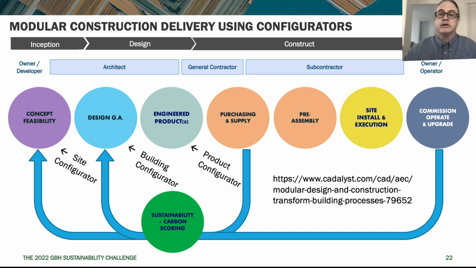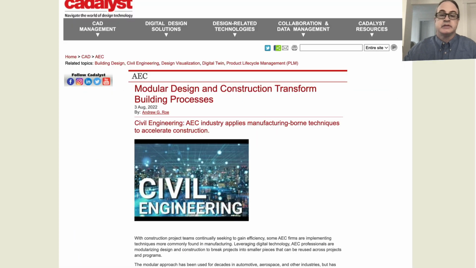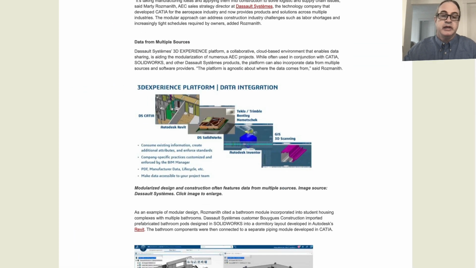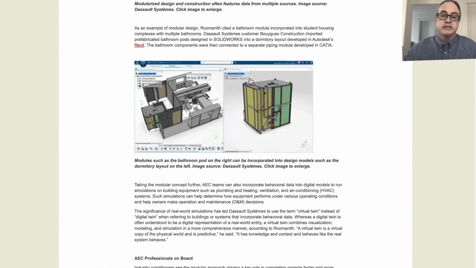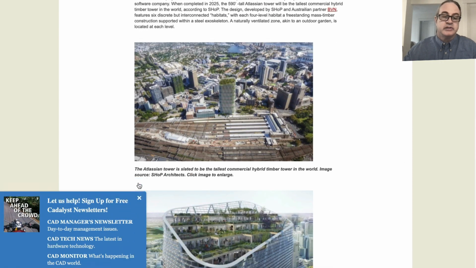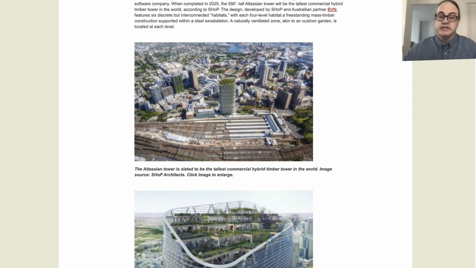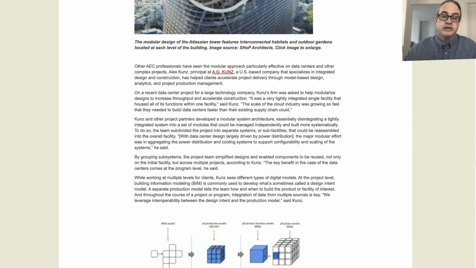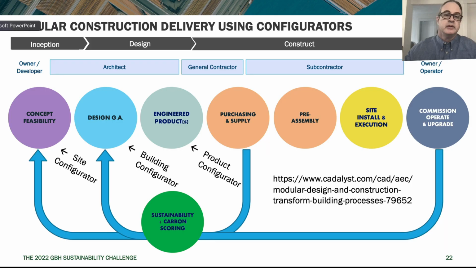And that article gets into, and even some of my work in this area, in applying things like bathroom pods, using, in this case, the Dassault Systems technology to modularize construction, and calls out some examples like the data center work and other work. So enough said on that. If you want to research more, go take a look at the article, and feel free to reach out to me on LinkedIn if you're looking for even more info there.